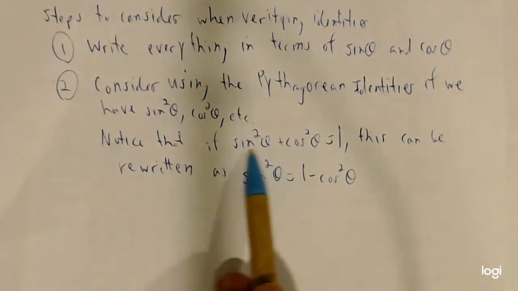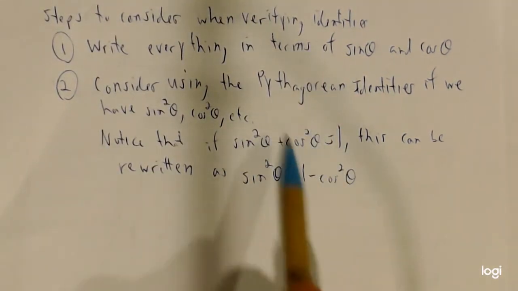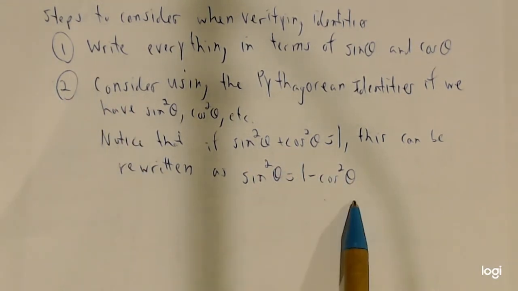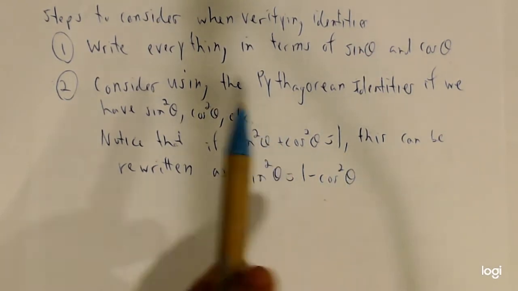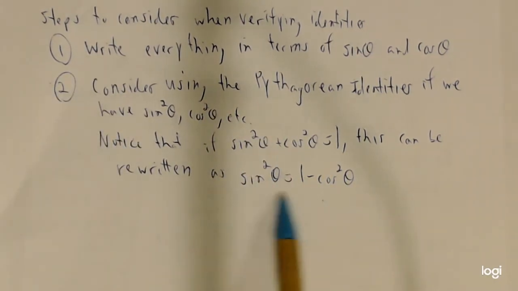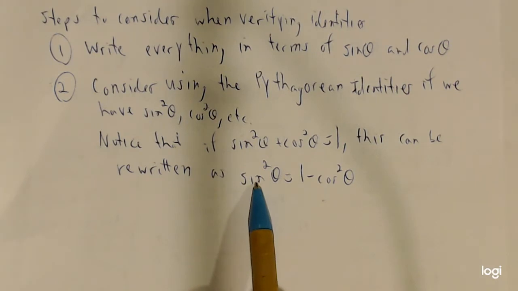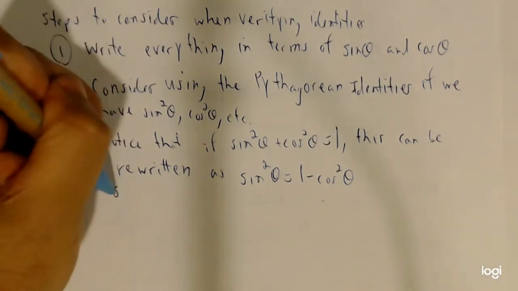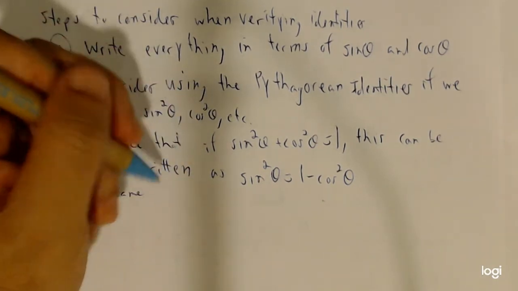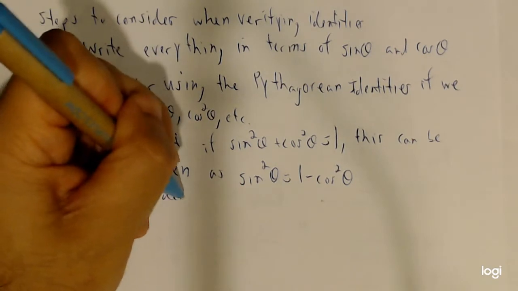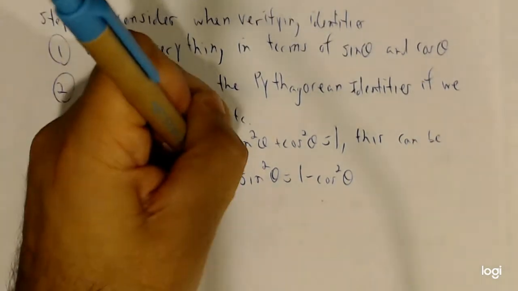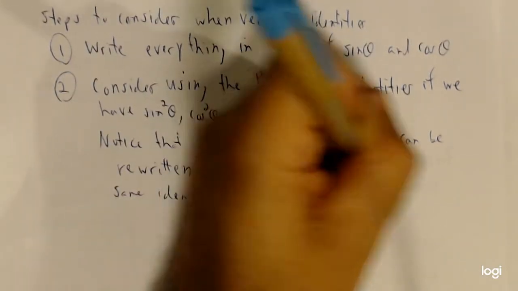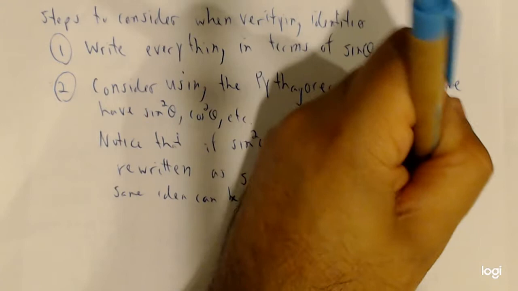After all, this is an equation, so from here to here, what did I do? I just subtracted cosine squared from both sides and got this. So in other words, we can use this in different forms. This isn't the only way we could write this; we could write it any other way. The same idea can be applied to any Pythagorean identity.